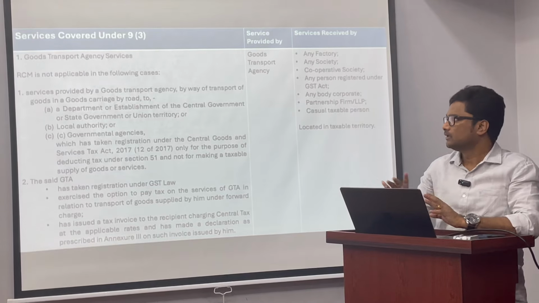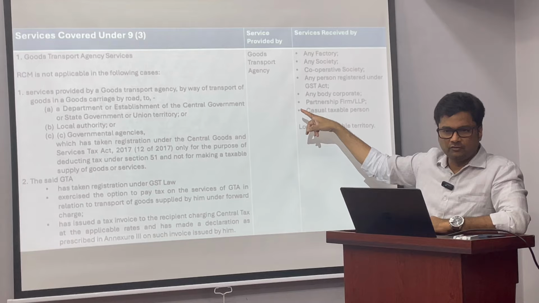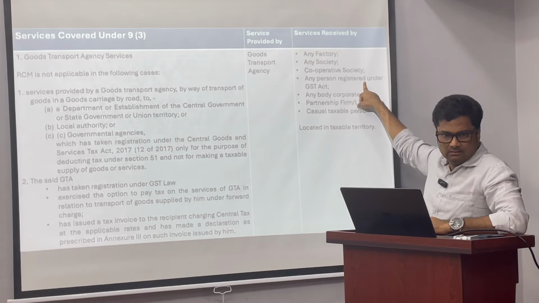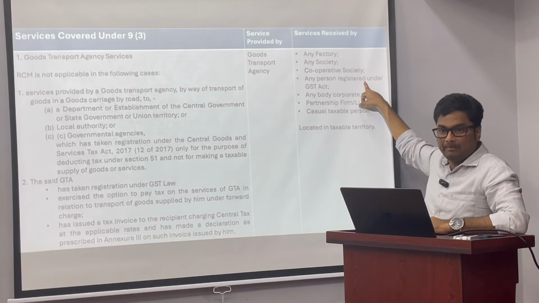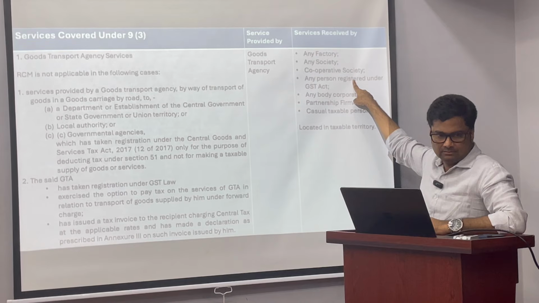I'm repeating. If a goods transport agency provides transportation of goods by road services to a registered person, RCM is applicable. But, star mark, an exception comes. What is that exception?